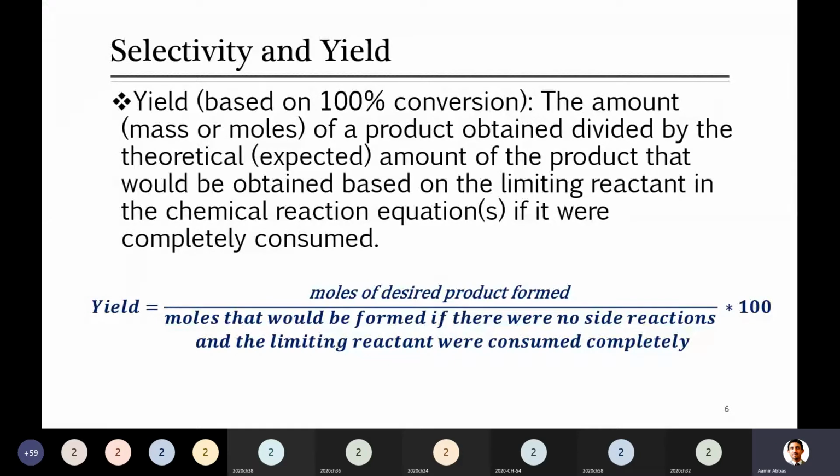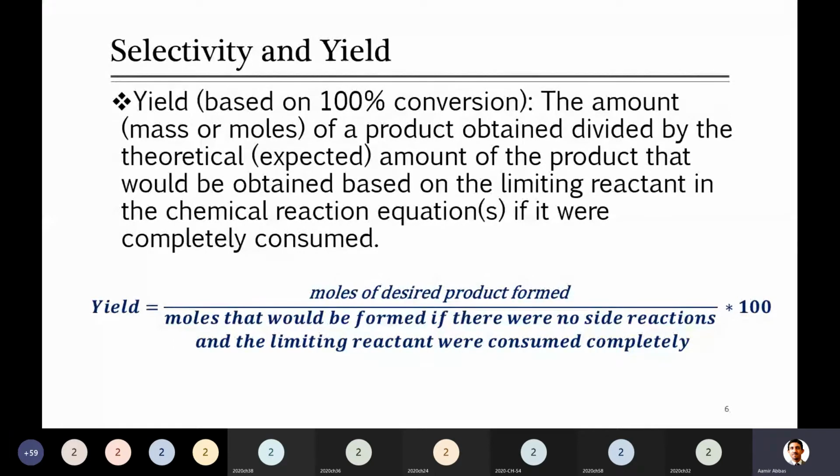100% conversion. Whenever you consider 100% conversion, it is for the limiting reactant, so in that case yield is commonly defined as moles of desired product divided by the theoretical or expected amount of the product that can be produced based on the limiting reactant in the chemical reaction.